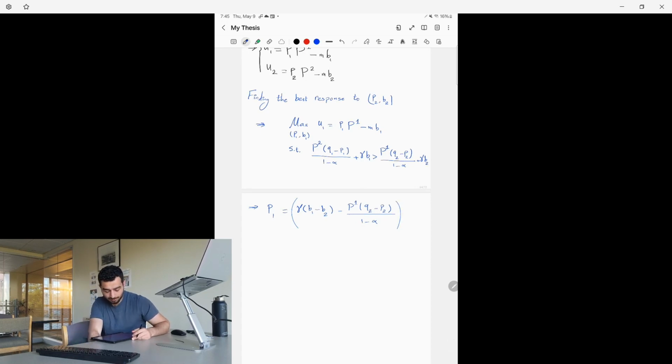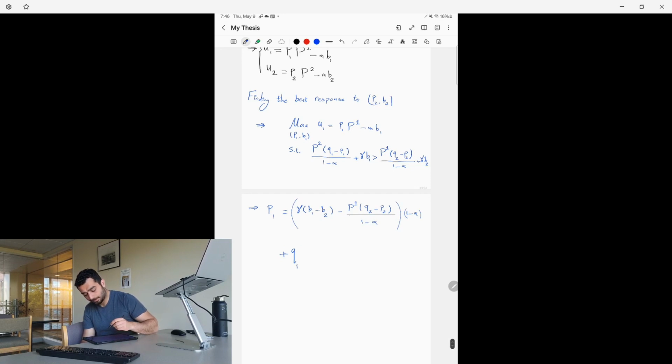So this shed times 1 minus alpha times 1 minus alpha plus over P2 plus Q1, this whole thing over P2.